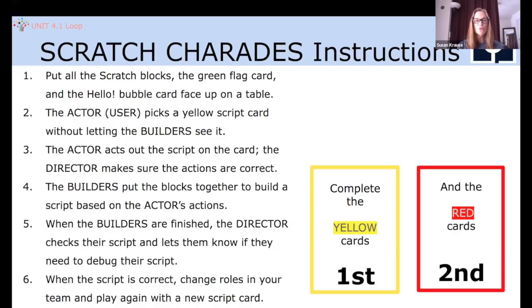The builders put the blocks together to build the script based on the actor's actions. When the builders are finished, the director checks their script and lets them know if they need to debug their script. When the script is correct, everyone changes roles in your team and you play again with a new script card.